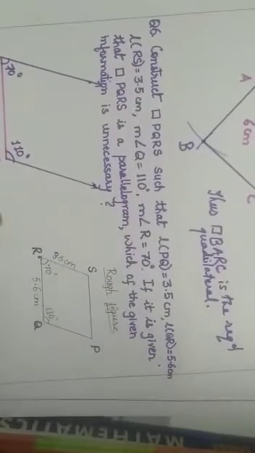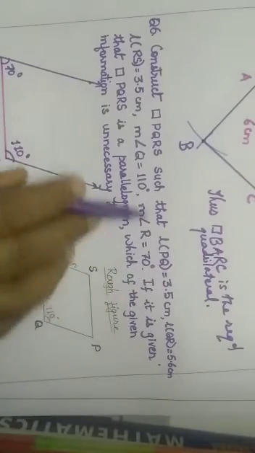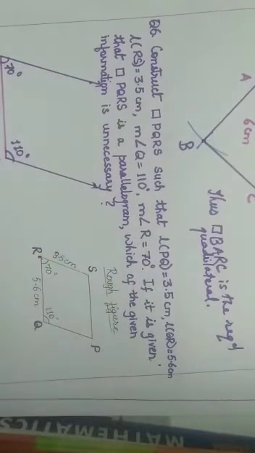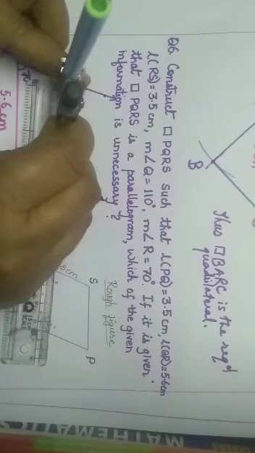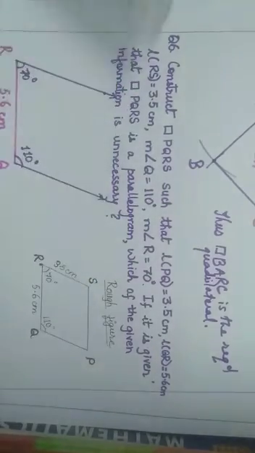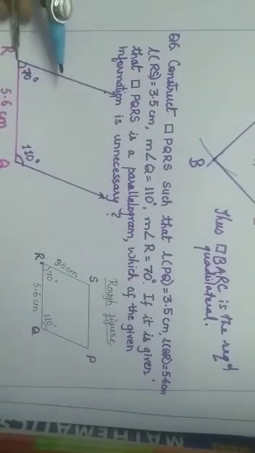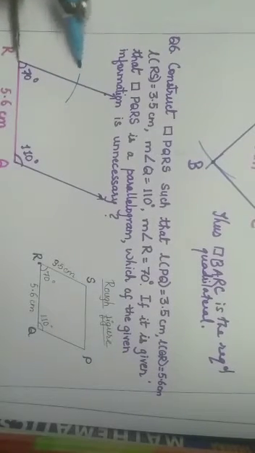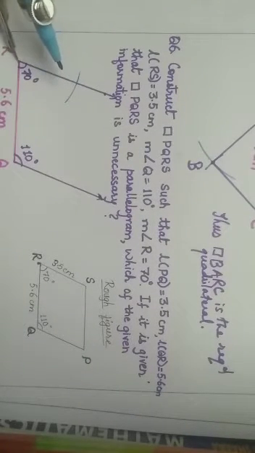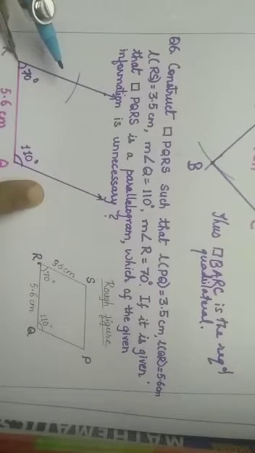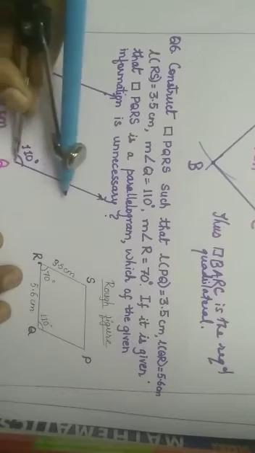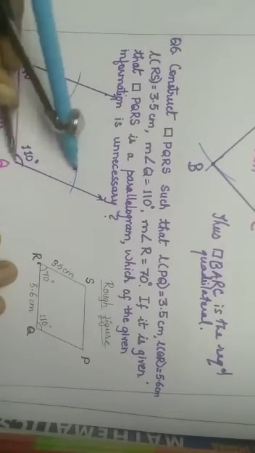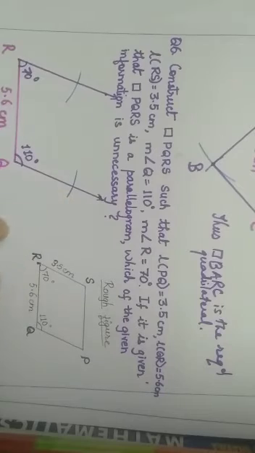Okay, now what is given? RS is given. Where is RS? RS is 3.5 centimeter. So let us take RS as 3.5 centimeter in our compass. So this is 3.5 centimeter, and from R towards S we will draw one arc. And if it is a parallelogram, opposite sides are equal. So QP is also equal to 3.5 centimeter. This we will draw.